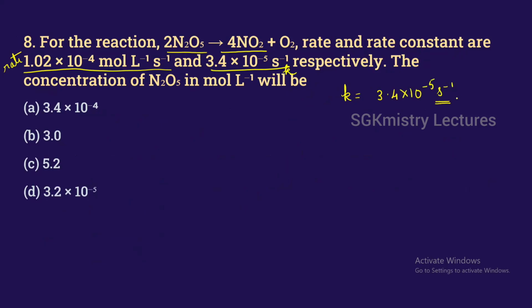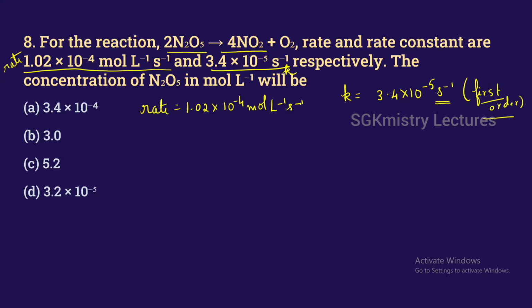When you look at the unit, we know that it is a first order reaction. This is understandable from the question. Now the rate is given as 1.02 into 10 to the power of minus 4 mole per liter per second.